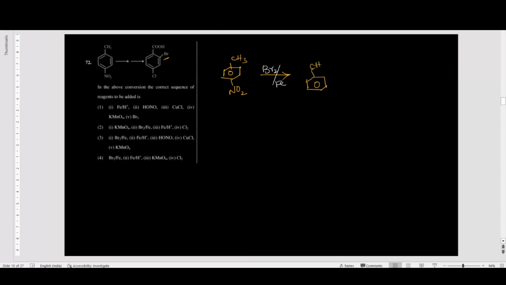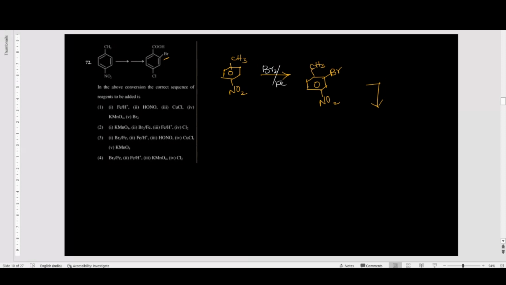Here it is CH3 and NO2, and let's say here this bromine is substituted, and then here we just need to convert the CH3 to CHO, so that we can take KMnO4 over here, right? So just let's forget about that.